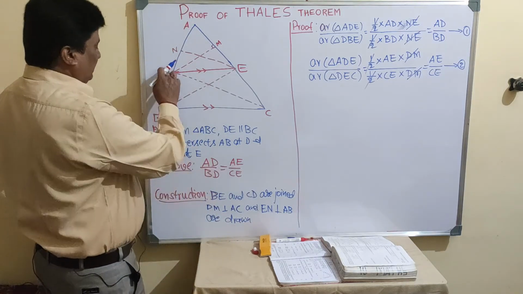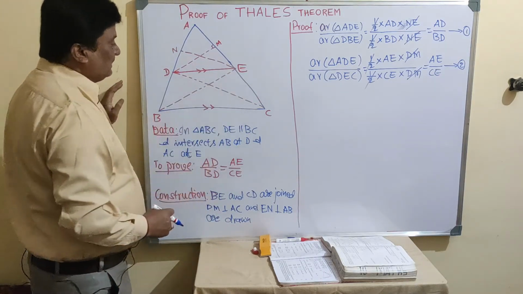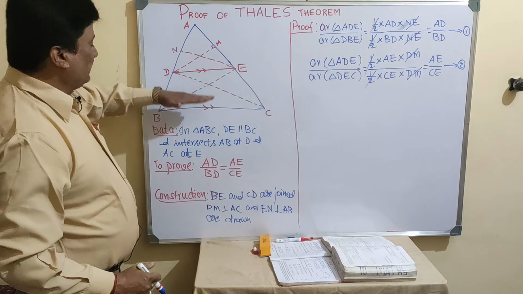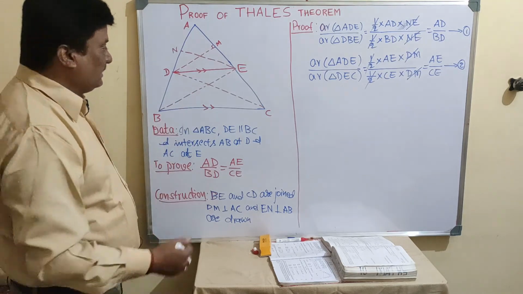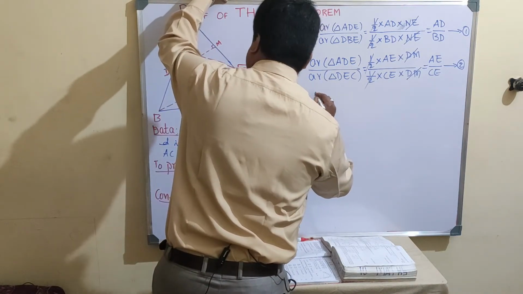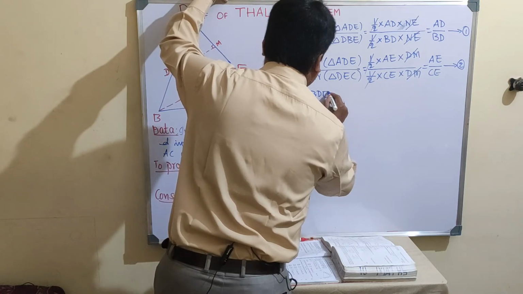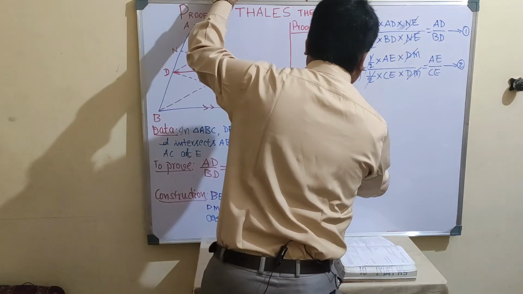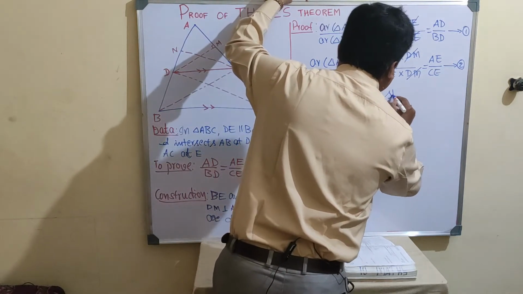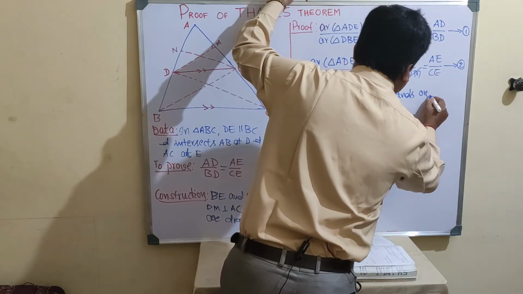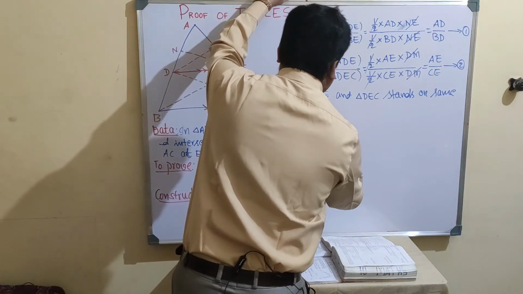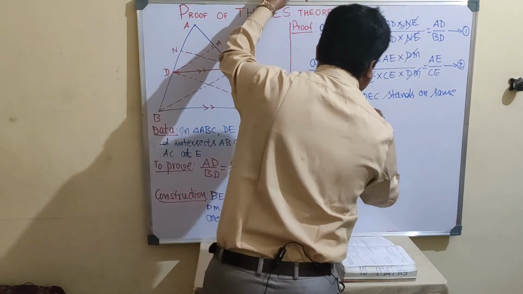Here triangle BDE and triangle DEC stand on the same base DE and between the same parallels DE and BC.